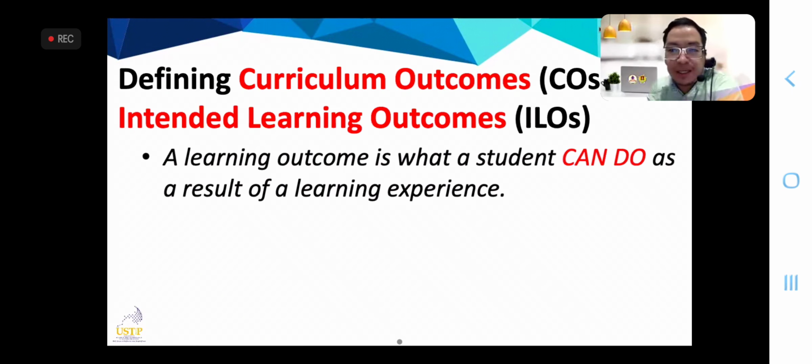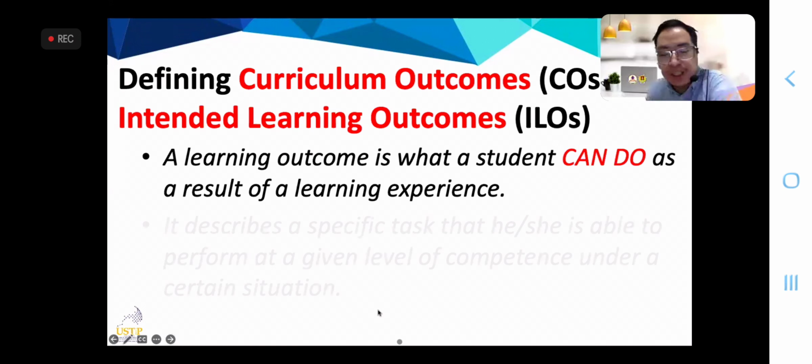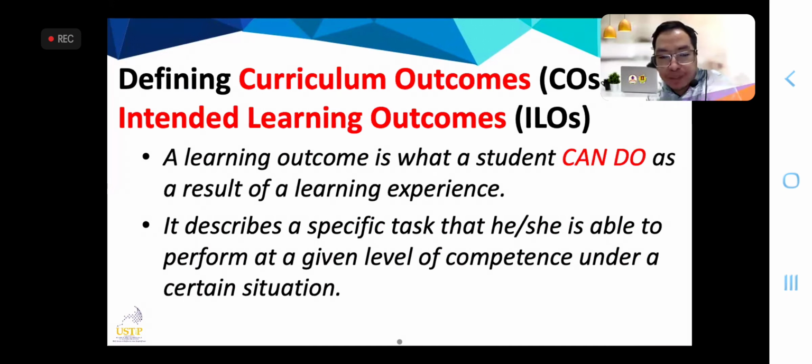A learning outcome is what a student can do as a result of a learning experience. It describes a specific task that he or she is able to perform at a given level of competence under a certain situation.